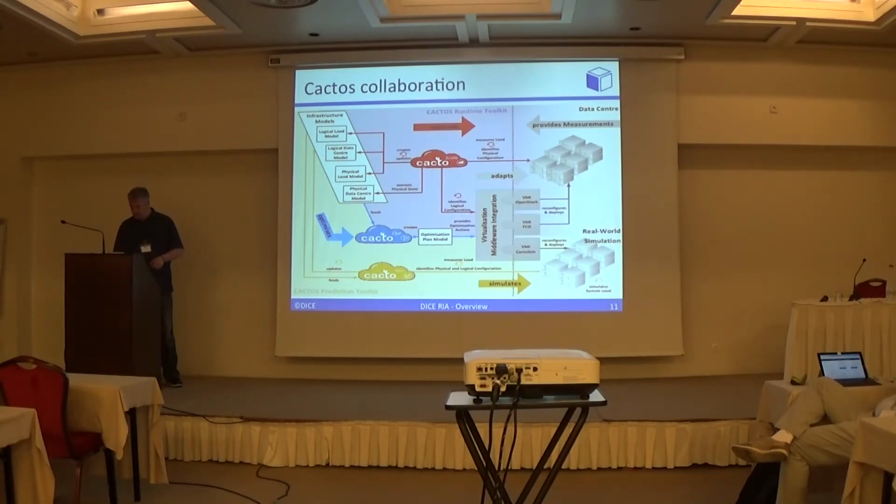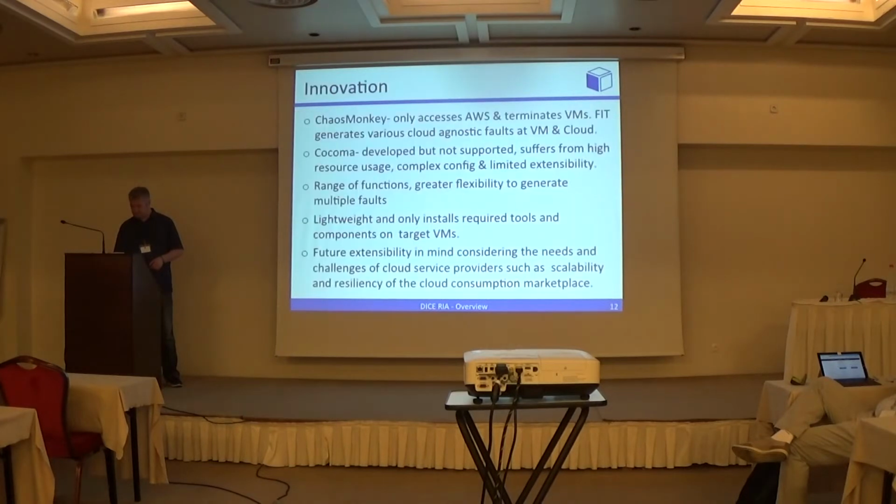When it comes to the innovation side of things, it's probably largely Chaos Monkey that inspired us to do this. There are other tools out there, but Chaos Monkey only accesses Amazon Web Service instances, and it's only the ability to terminate VMs, so we go way further than that.